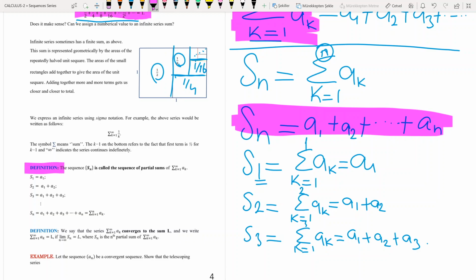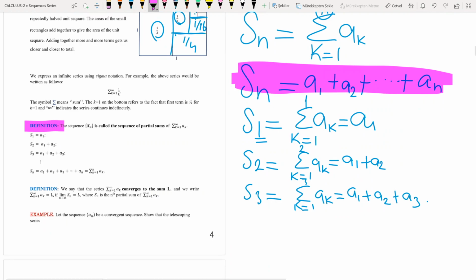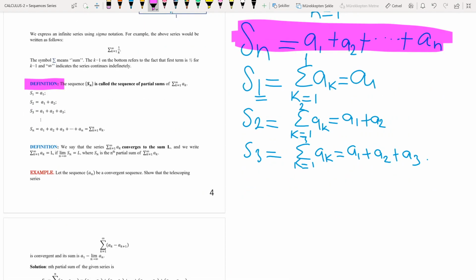And the important result is that we say that the series from 1 to infinity of ak converges to a number L, and we write this by this equality, if the limit of the n-th partial sum Sn is equal to that number.